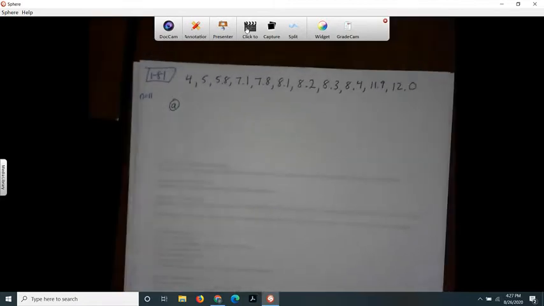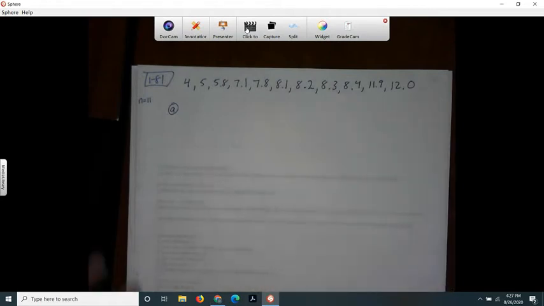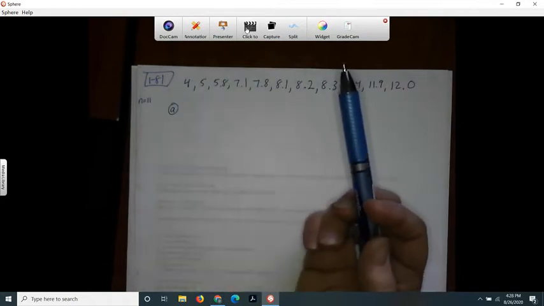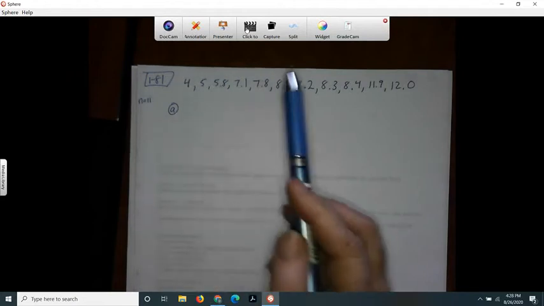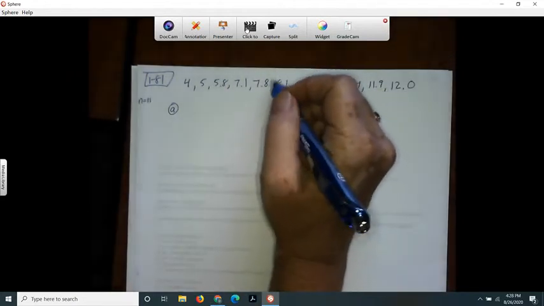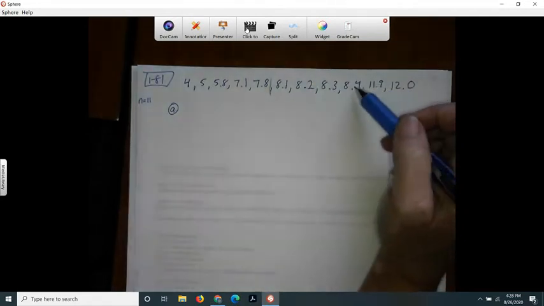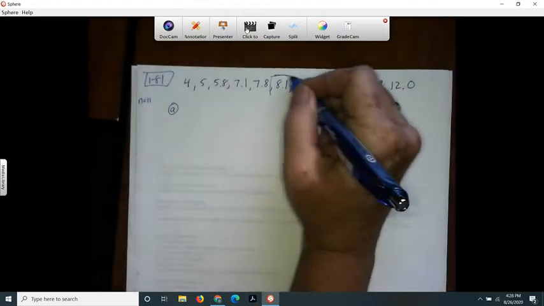I know that I have 11 things in my list because I went through and counted them. So the middle one is going to be, what's half of 11? Well, there's going to be 5 on one side and 5 on the other side. The 81 is in the middle.